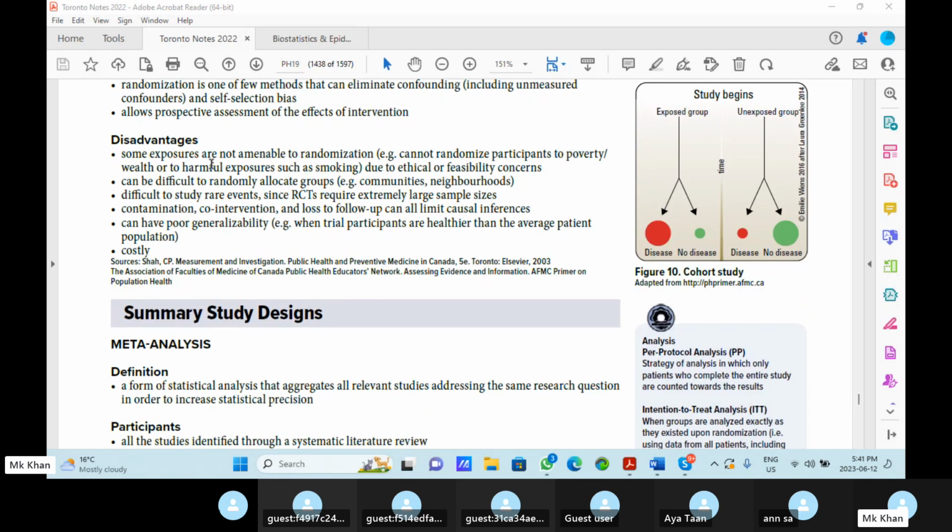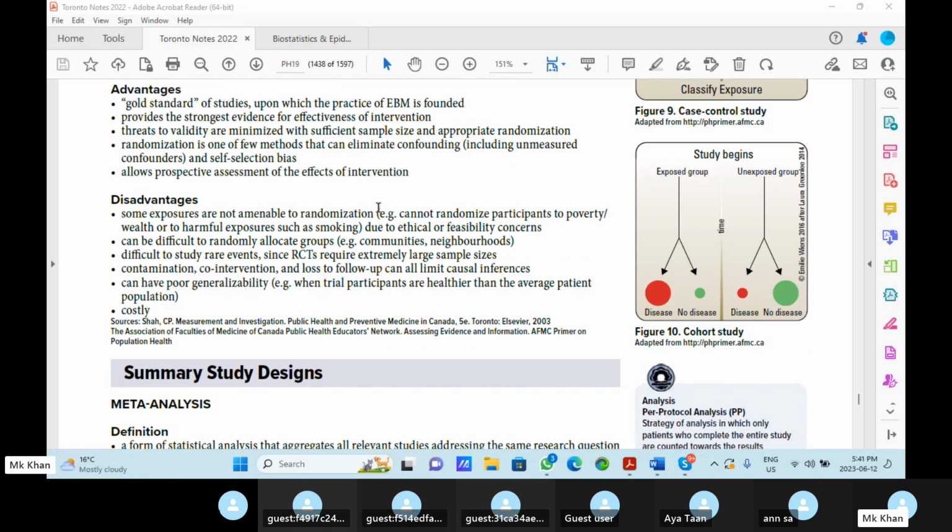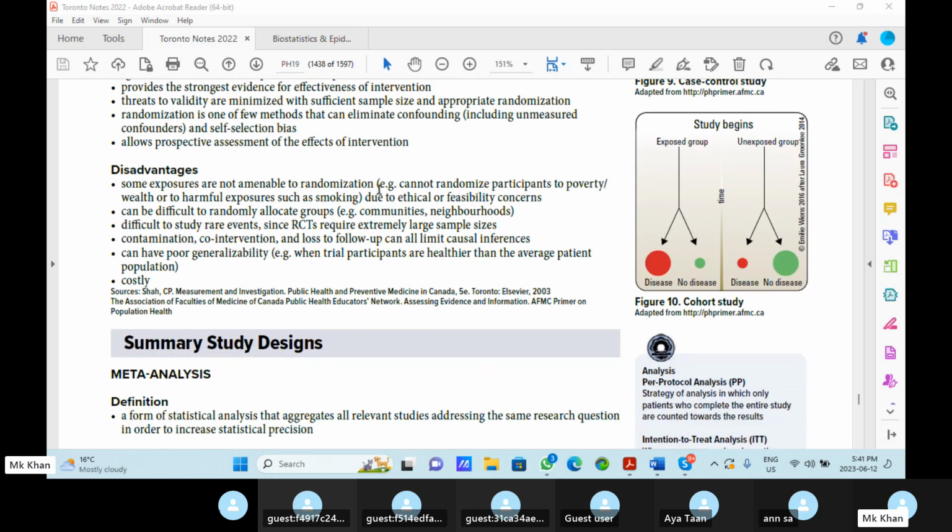So what are the disadvantages? Some exposures are not amenable to randomization, cannot randomize participants to poverty and smoking. It is good for randomization, but the disadvantage is that some exposures are not modifiable, like for example these ones.